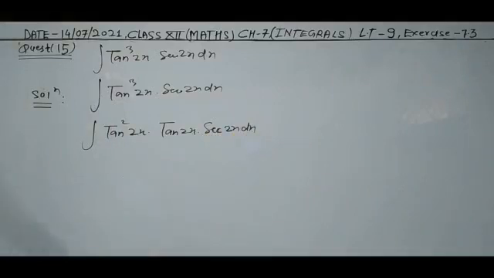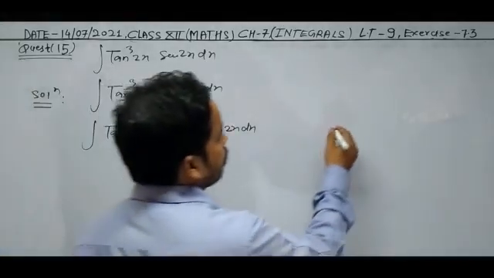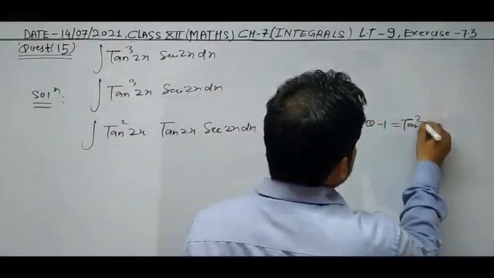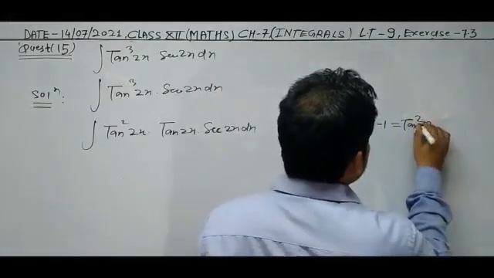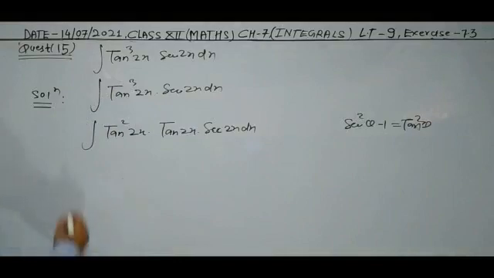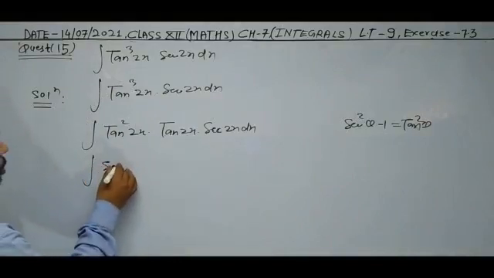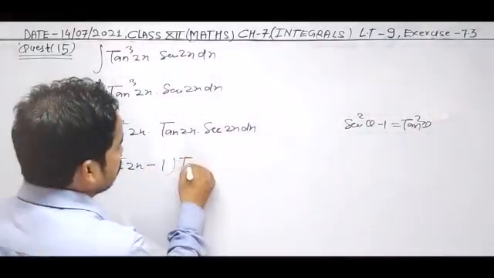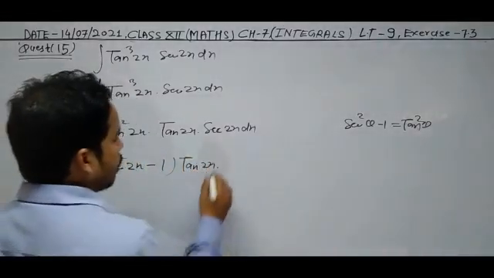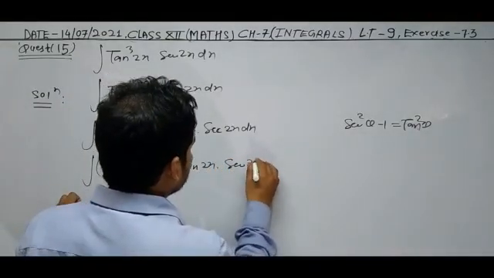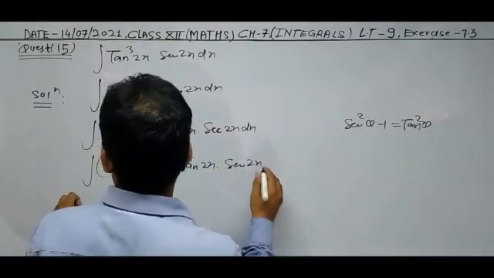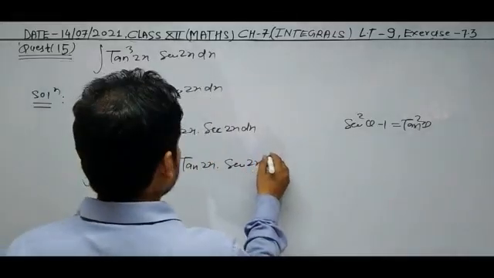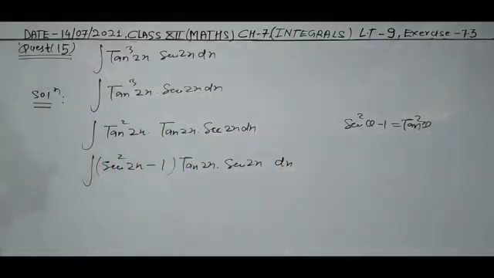And you can convert, since sec square theta minus 1 is tan square theta, tan square 2x can be written as sec square 2x minus 1, into tan 2x into sec 2x dx.